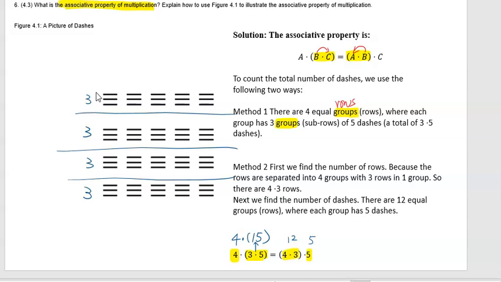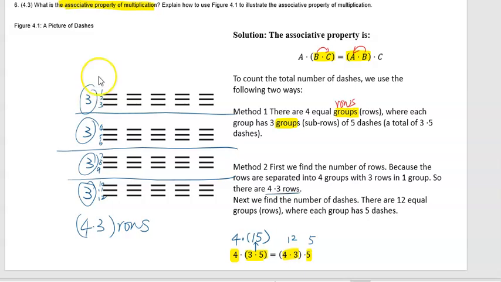That's a total of 4 times 3 rows. If you label it, you will see 4, 5, 6, 7, 8, 9, 10, 11, 12. We don't want you to count like this, but I labeled it so you can see where 12 comes from. It comes from 4 groups of 3 rows, which is 4 times 3. So that tells us the total number of rows is 4 times 3.